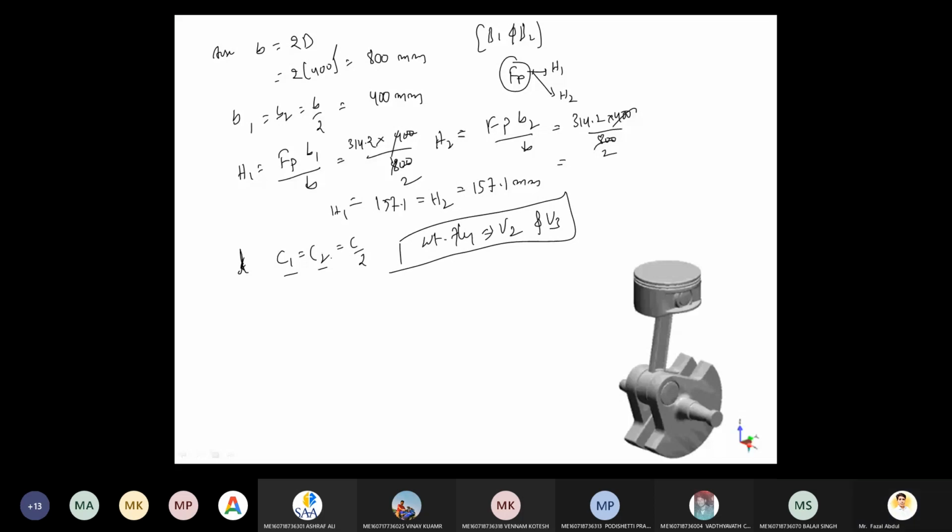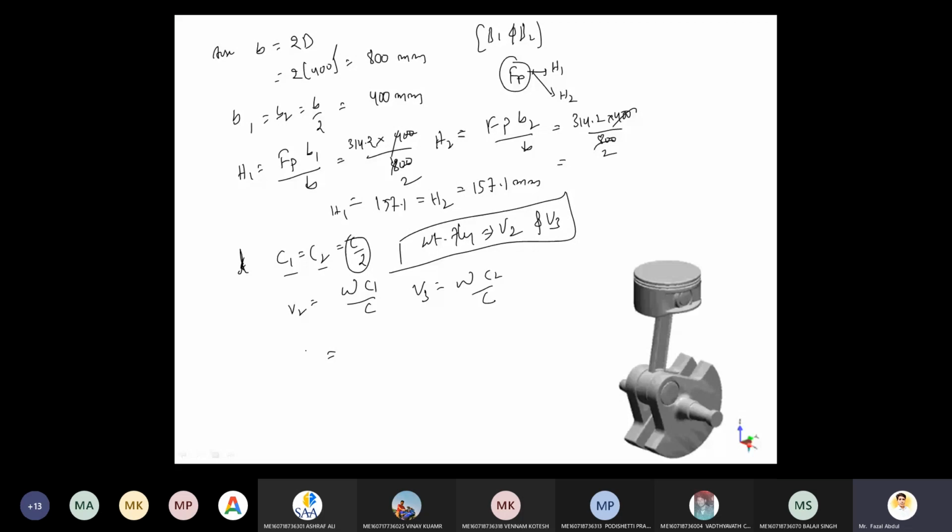V2 is W into C1 by C, and V3 is W into C2 by C. C1 and C2, I am assuming, are C by 2.